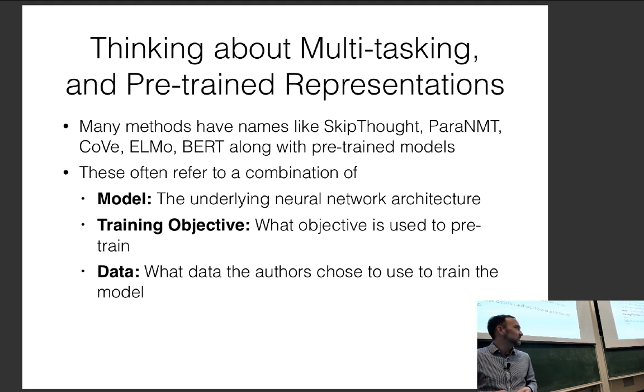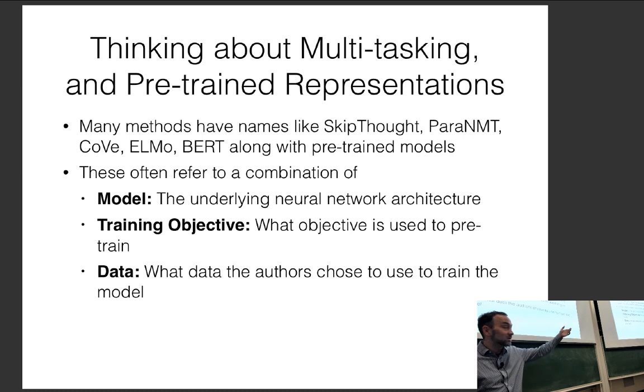However, when people ask, so how does Elmo compare to BERT? The question becomes very complicated because the model is different, the training objective is different, and the data they trained on was different, right? So it makes it difficult to isolate which one of these is actually contributing.